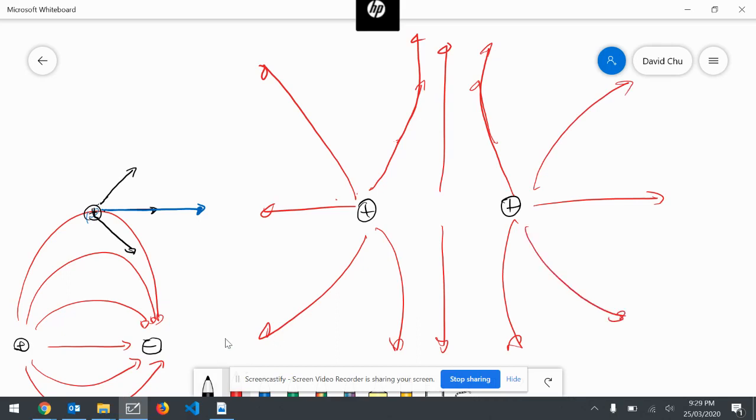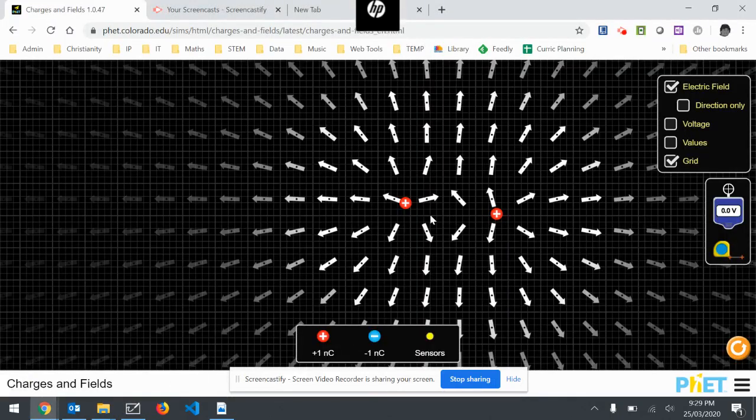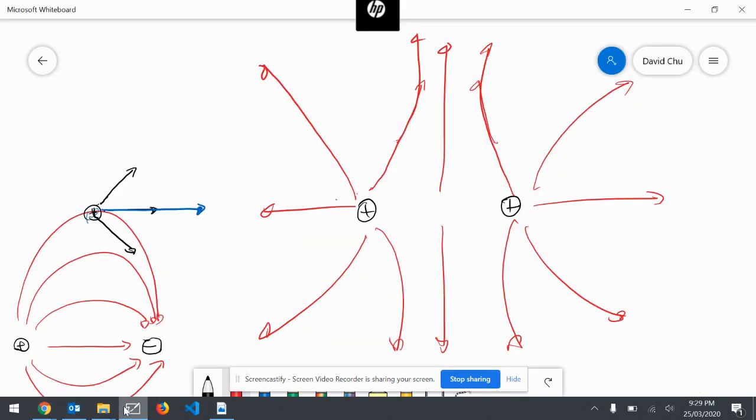These field lines are really a crude representation of what you can see in the sim here. The arrows point in the tangential direction of these field lines, and the field line denotes the direction a charge is going to go. Another thing you should note is that the density of the field lines generally denotes the field strength.